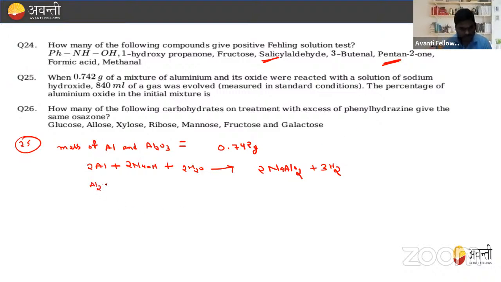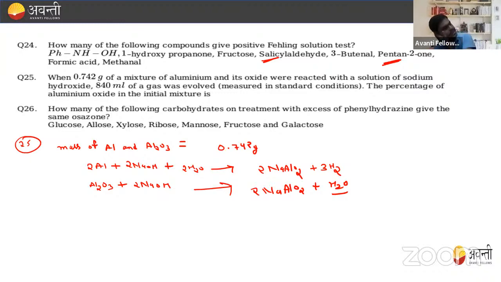Now, Al2O3 reacts with 2NaOH. It will give 2NaAlO2 plus H2O. Now the volume of H2 gas at STP is 840 ml.